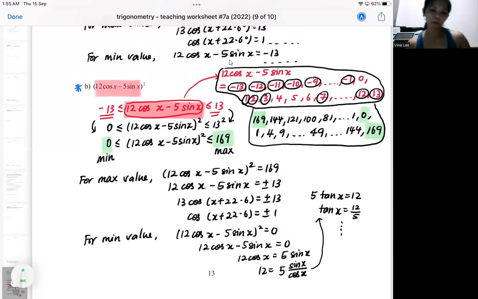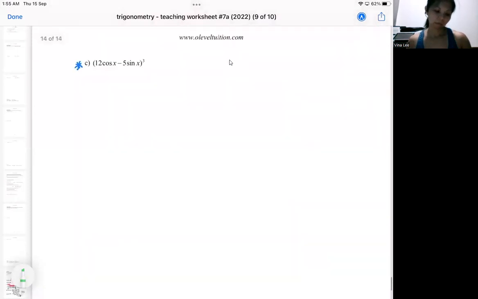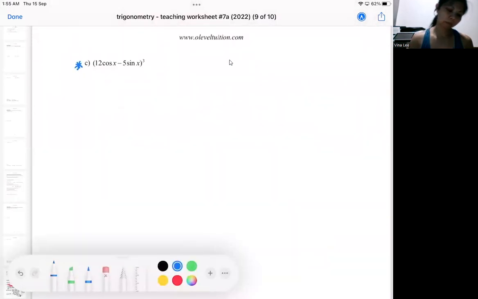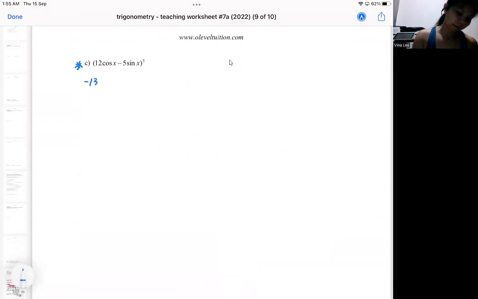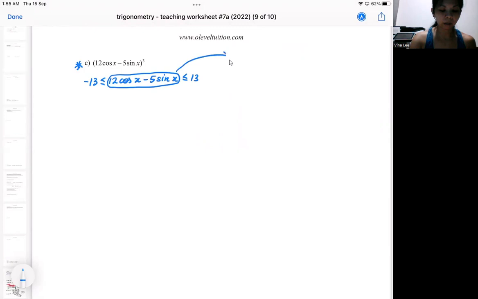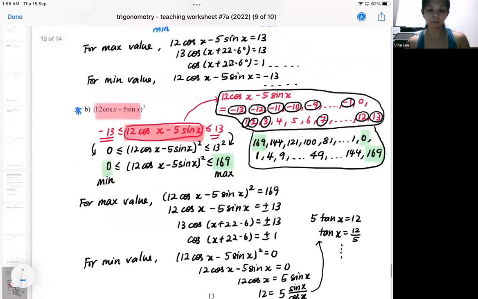Okay, so if you think about the squaring, then what about the cube function? What do you think? So if I cube the function, the highest is 13, the lowest is minus 13. So you can do it with the same understanding as the squaring function.